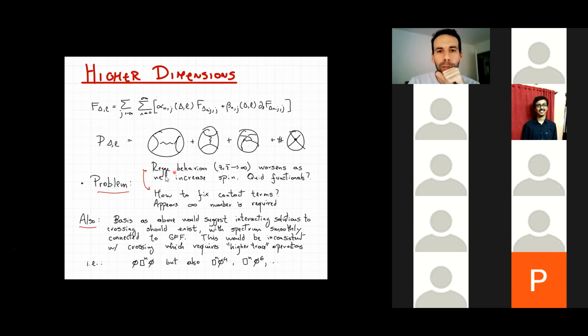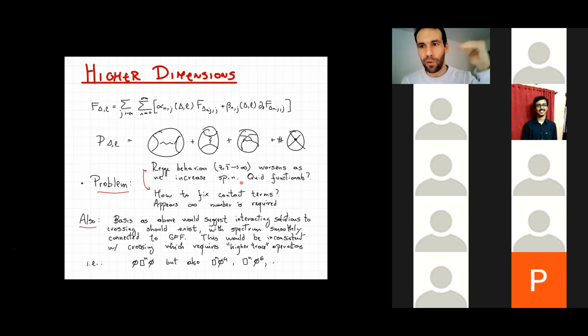So one problem is that if you think of these functions, it's easy to check that the Regge behavior, where basically it's the behavior when z and z bar go to infinity, gets worse as you change the spin. And you recall that when we constructed the functional basis in one dimension, it was important that we knew the Regge behavior of the correlator.